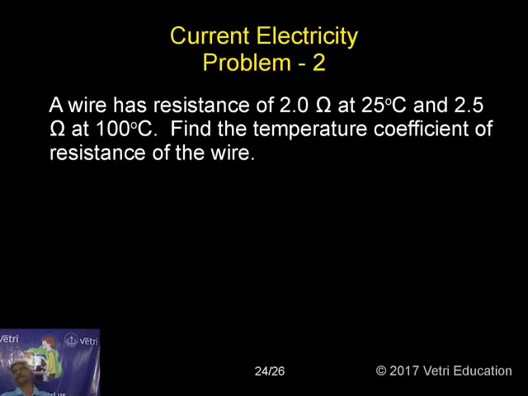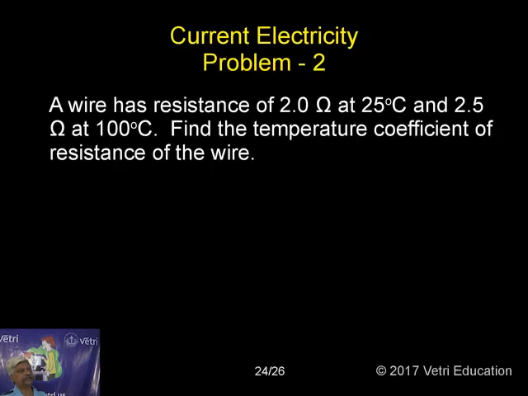The second problem: a wire has a resistance of 2 ohm at 25 degrees centigrade and 2.5 ohm at 100 degrees centigrade. Find the temperature coefficient of resistance of the wire. This we have also discussed under temperature coefficient. The resistance depends upon the temperature.